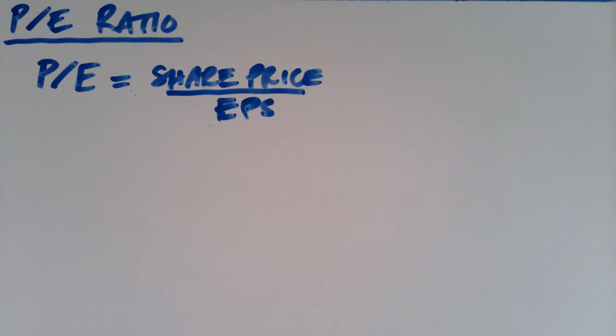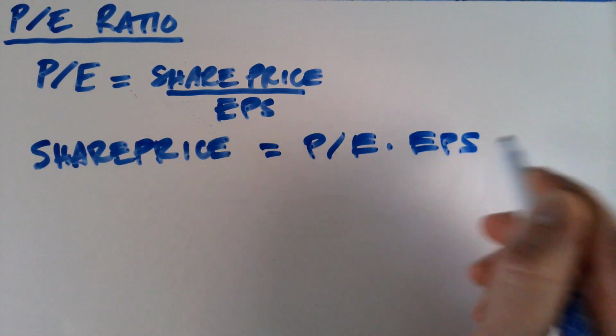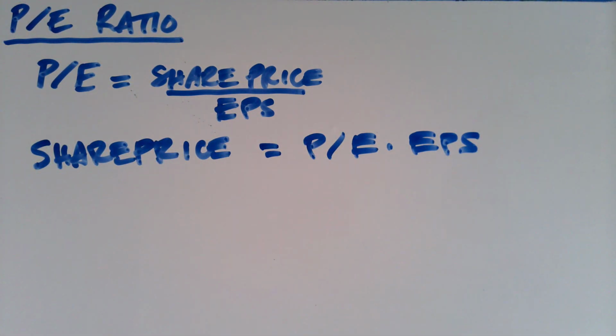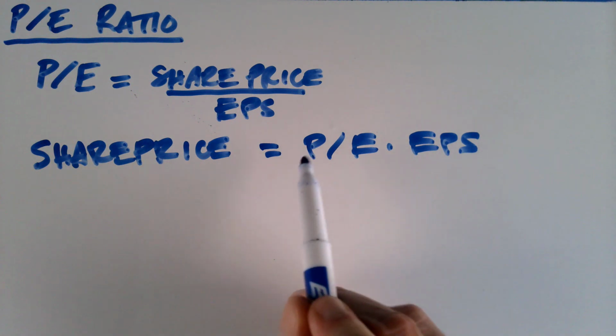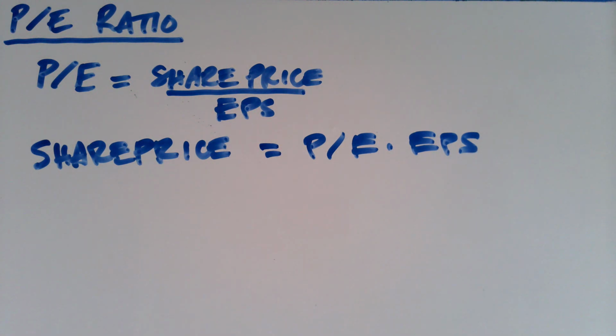Let's start out by finding share price. All I did was multiply both sides by EPS and switch sides. And so we know that share price is equal to PE times earnings per share. After all, it's price divided by earnings times earnings should give us the price.